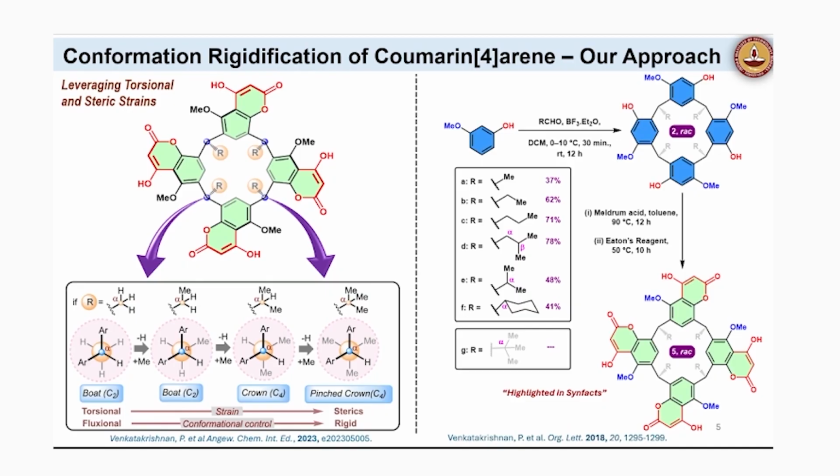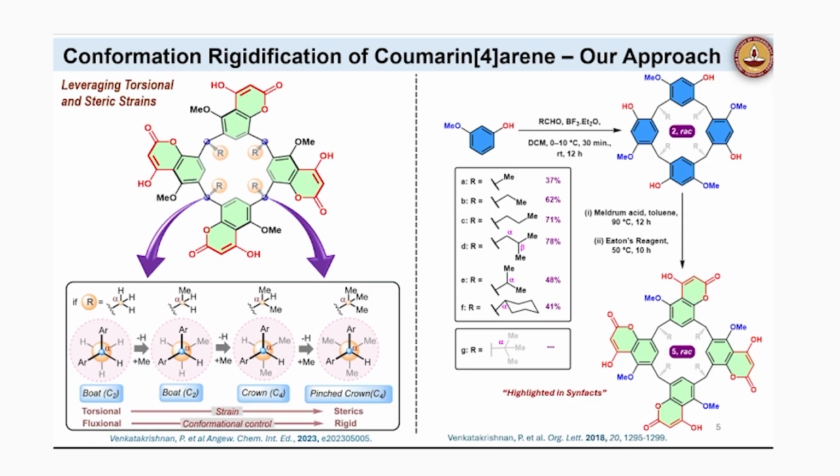This is where your attention has to go, when you change the alkyl functionality from methyl to ethyl to isobutyl to propyl, when you vary the branching chain.